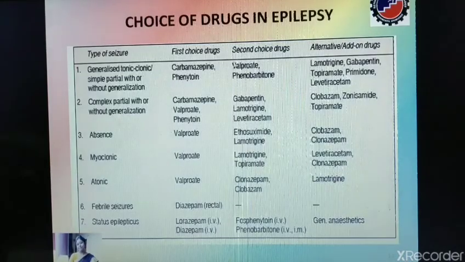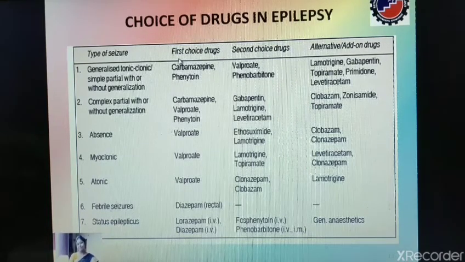This is a table that shows the choice of drugs in case of epilepsy. On the left side we can see the types of seizures noted down, and on the right side the columns indicate the first choice of drugs, the second choice of drugs, and then the alternative or add-on drugs.